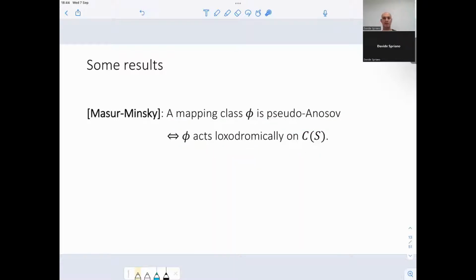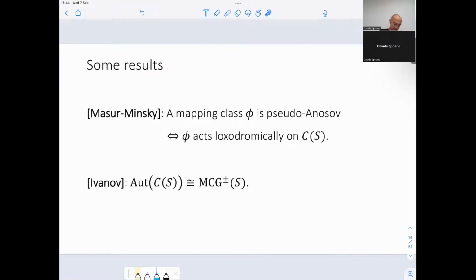There is this classification of mapping classes, which need to be either periodic, reducible, or pseudo-Anosov. This is known as the Nielsen-Thurston classification. And Masur and Minsky managed to prove that being pseudo-Anosov is completely characterized in terms of the dynamics of the action on the curve graph. This is a very important and nice result.